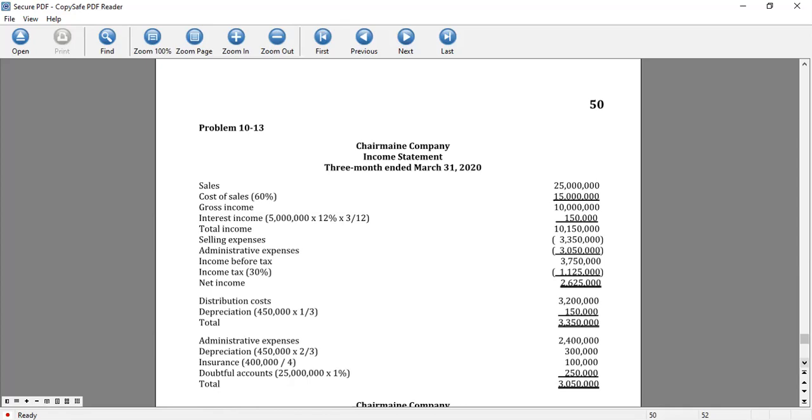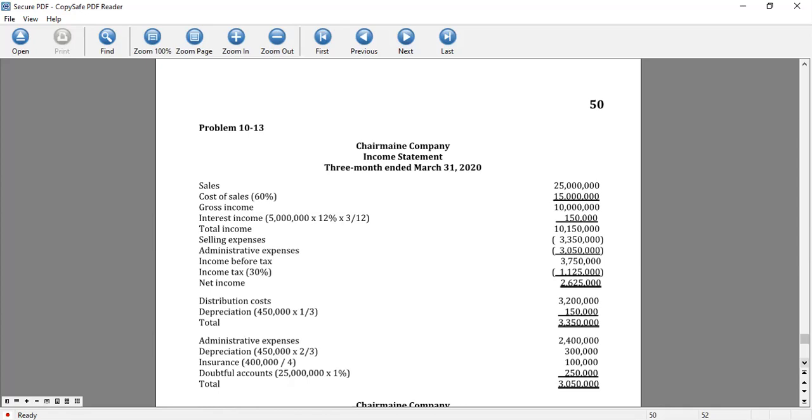Notes receivable dated January 1, 2020, matures on January 1, 2022, and carries a 12% interest rate. Interest will be collected annually starting January 1, 2021. Now, we have the notes receivable, but there is no corresponding interest except if you are given this in the additional data.